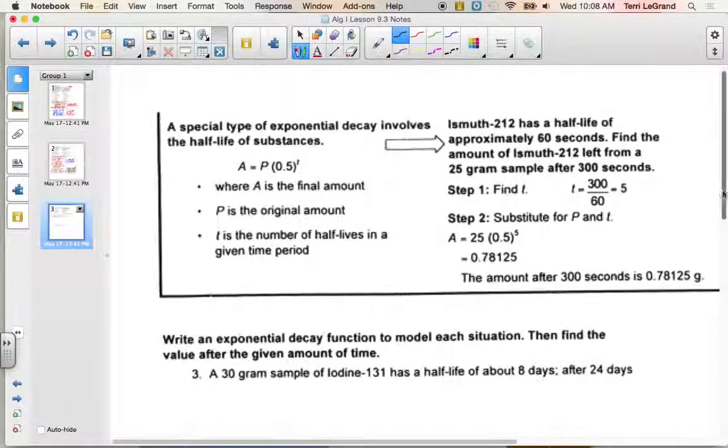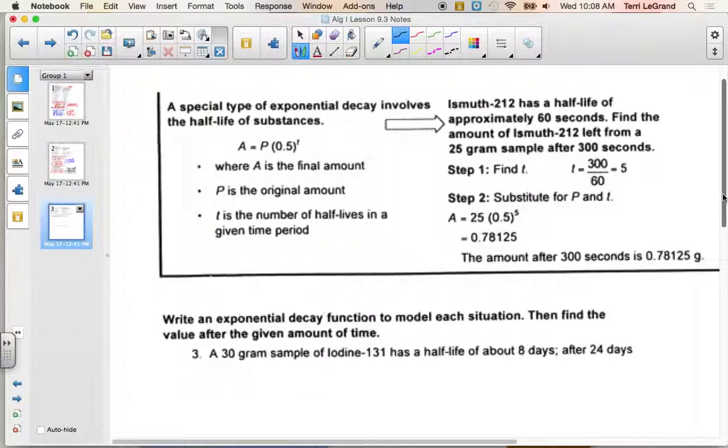Okay, a special type of exponential decay involves the half-life of substances. So we have this exponential decay formula that can be used for half-life. This is a half-life formula. What's our b value in this one? 0.5.